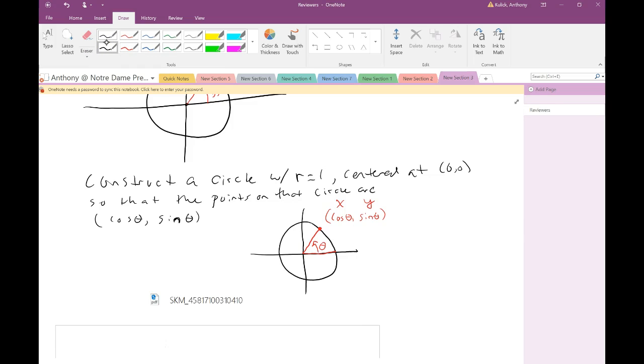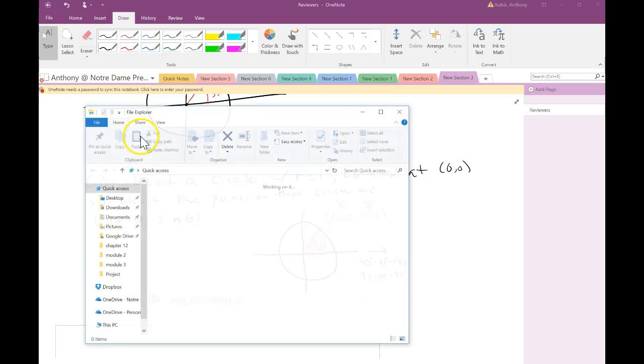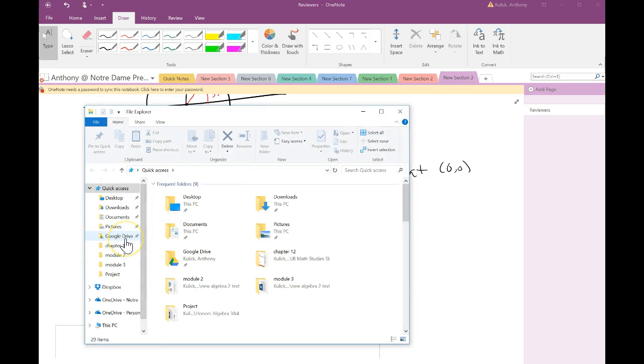You proceeded from there using your 45, 45, 90 triangles and 30, 60, 90 triangles. You extended that unit circle out to something that looks like this, right?